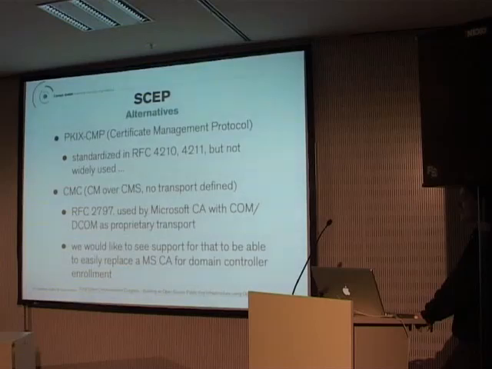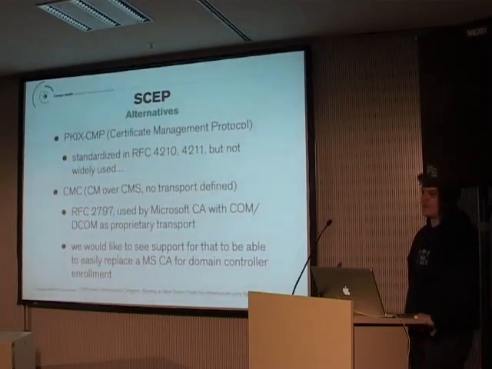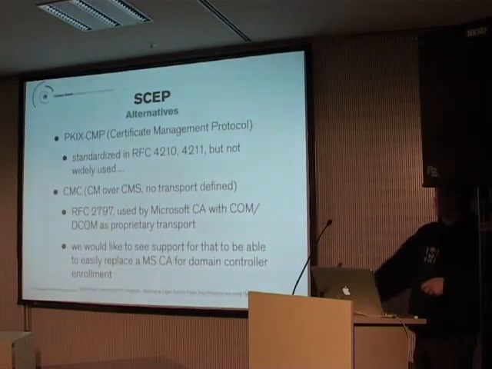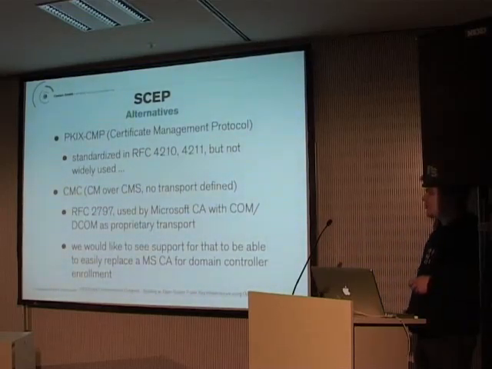So basically, somebody just chooses the transport, and of course, Microsoft just chooses COM-DCOM as a proprietary transport, and well, that sucks a bit. Because we would really like to see support for that, because that would be just easy to replace a Microsoft CA for domain controller enrollment, because the domain controllers are just enrolling using that protocol, and you could just stick a box and say, okay, this is our open source replacement for Microsoft CA. That would be really neat.